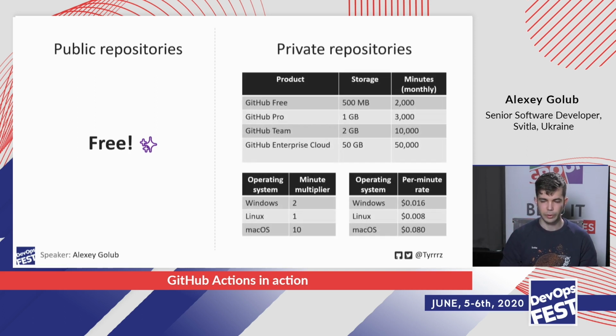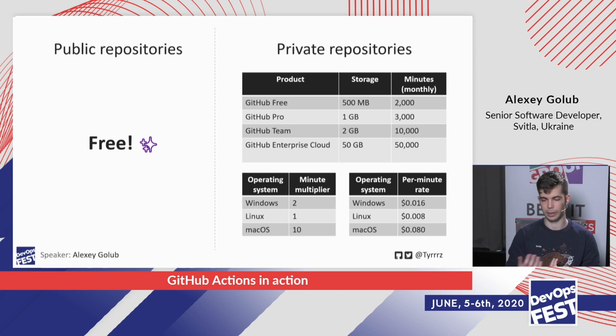While if you have a private repository or many private repositories, then some fees may apply. So first of all, depending on which type of account you have, you will have different storage quotas and also monthly minutes that you can use for free. And once you exceed those minutes, you also have to pay based on the operating system your runners are running on.